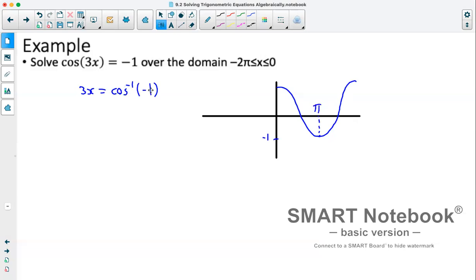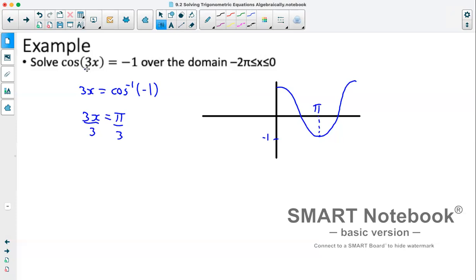So essentially cos inverse of -1 is, sorry, is pi. So we've got 3x is equal to pi. So our first value is going to be pi over 3. Except that's on the positive side, and we're going from -2 pi to 0. We also have this horizontal compression, so we know it's going to repeat several times.